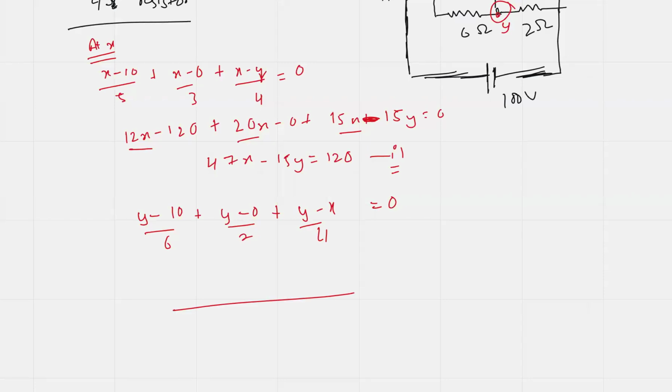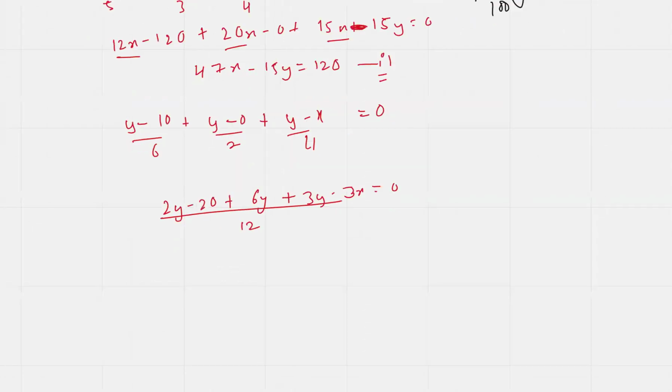So it will be 2y minus 20 plus 6y plus 3y minus 3x. Adding 2y, 6y and 3y, we get 11y minus 3x is equal to 20.